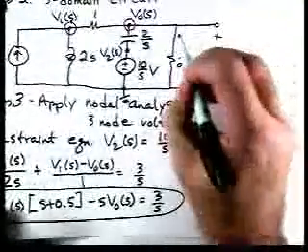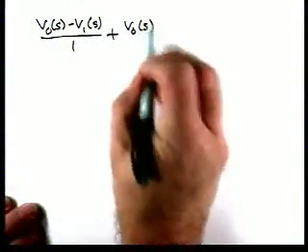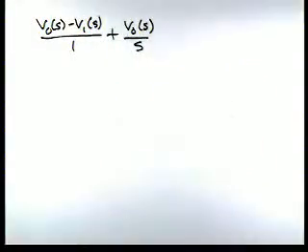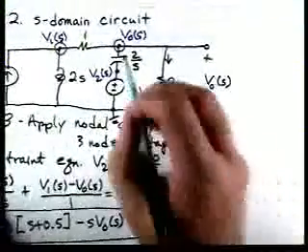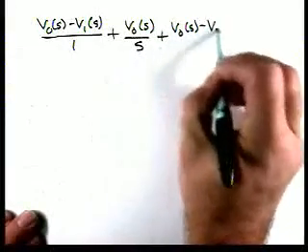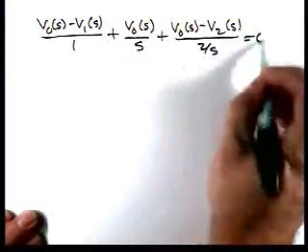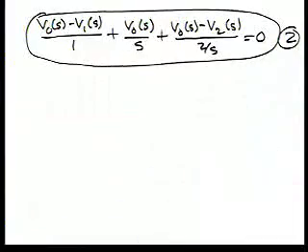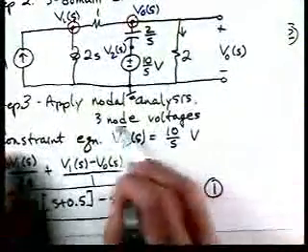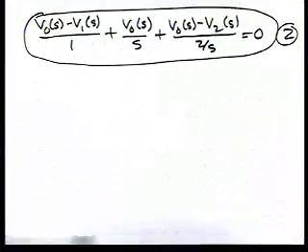And then we have this current, which is V0 of S over 2. And then we'll have this current, which is V0 of S minus V2 of S over 2 over S, equal to 0. I'm going to call this equation 2, and I'm going to go back and call this equation 3. So our constraint equation is equation 3.